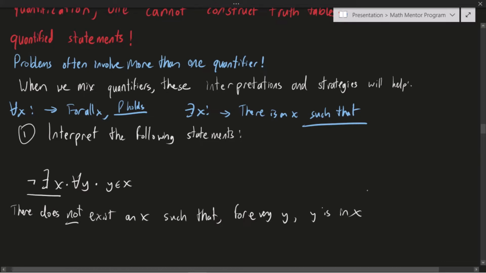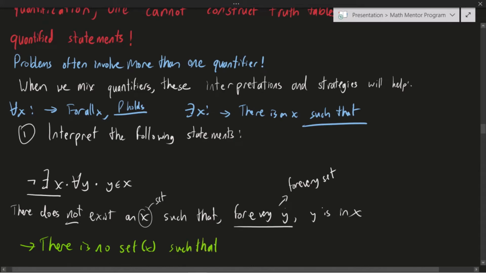There does not exist an X, where X is a set here, such that for every Y, Y is in X. Well, for every Y means for every set, basically. So this is saying there is no set X such that every set is contained in X.